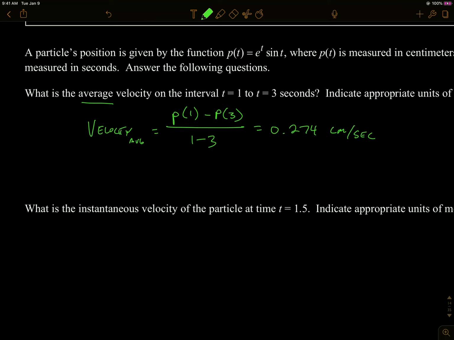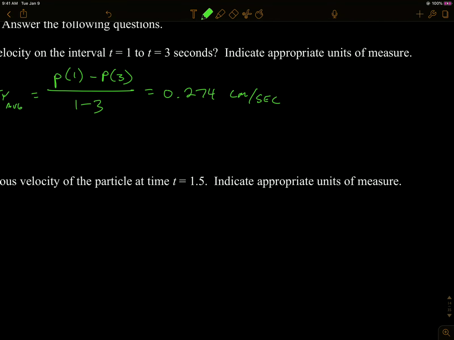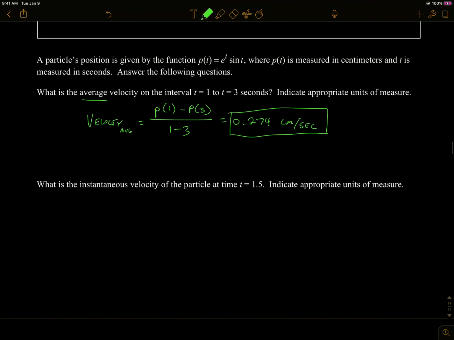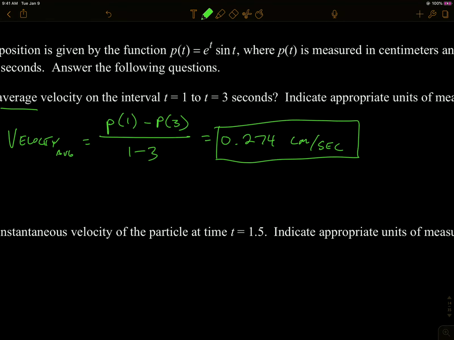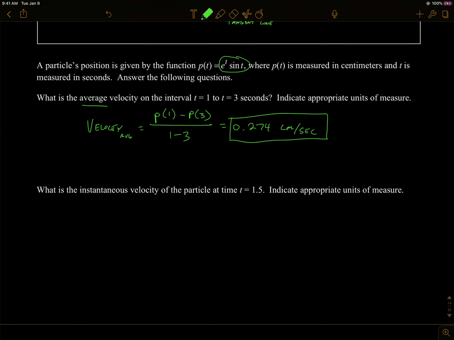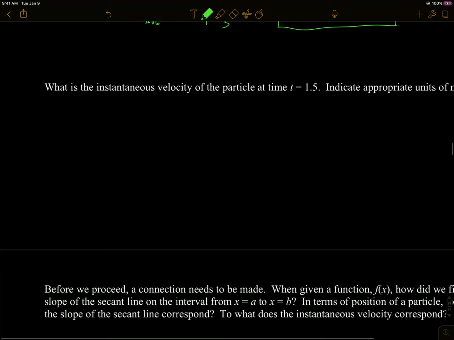You got to have your units on it. We're talking about a rate of change now, so we've got per in there. And these are calculator active because we're doing it with this function. Let's get some practice in here with our calculator to do these.